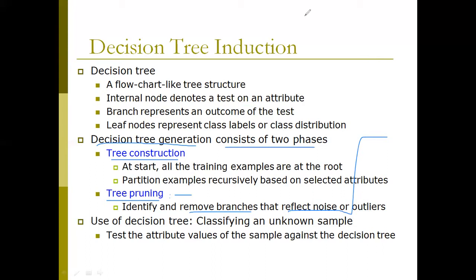After constructing a tree, you identify some branches in the tree to remove noise or outliers. Generally we may call tree pruning tree trimming also. Here we are going to cut, delete, or remove unnecessary branches from the tree.